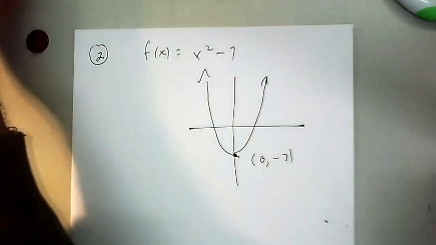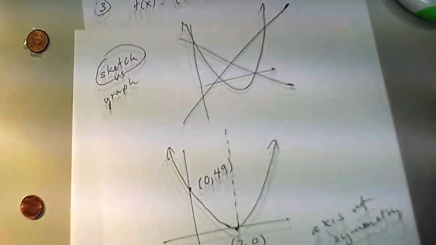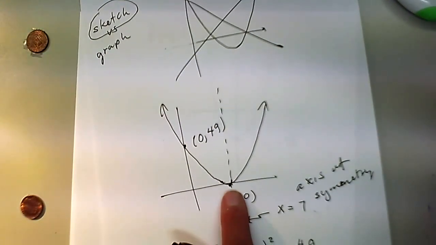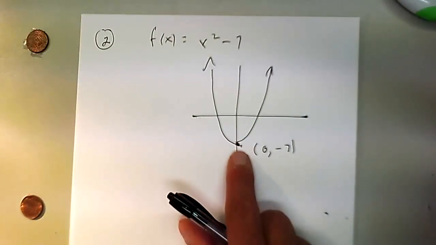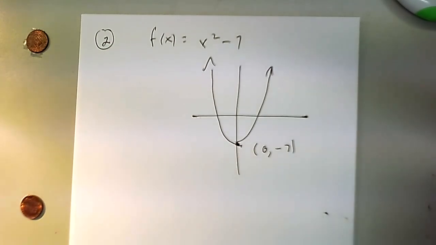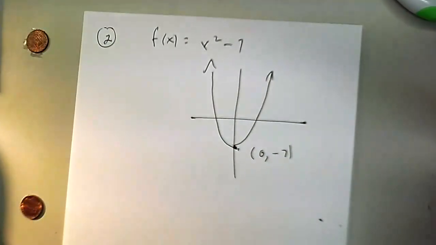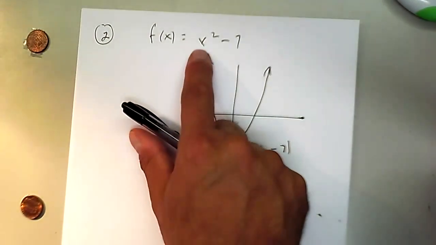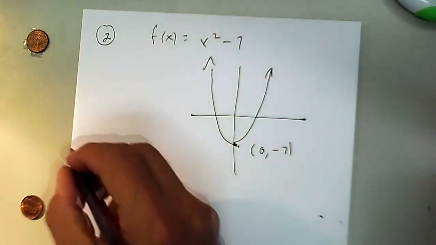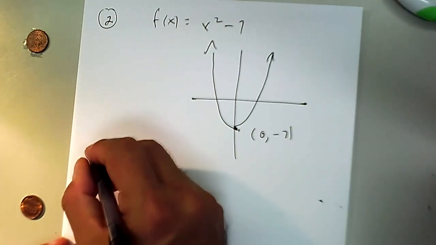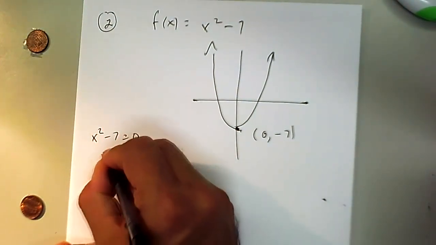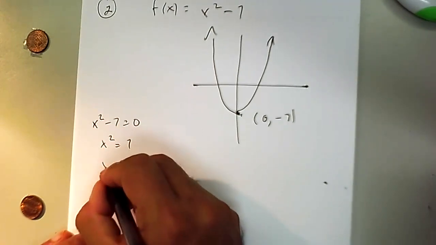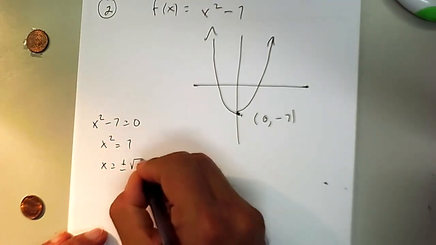So it is interesting here. This point is the x-intercept and the vertex, or the vertex is the x-intercept. The vertex is the y-intercept as well. It is both. Isn't that interesting? The x-intercepts are when that quantity is equal to 0. We can solve that equation very quickly here. x squared minus 7 equals 0, so x squared equals 7, and that means x equals plus or minus root 7.